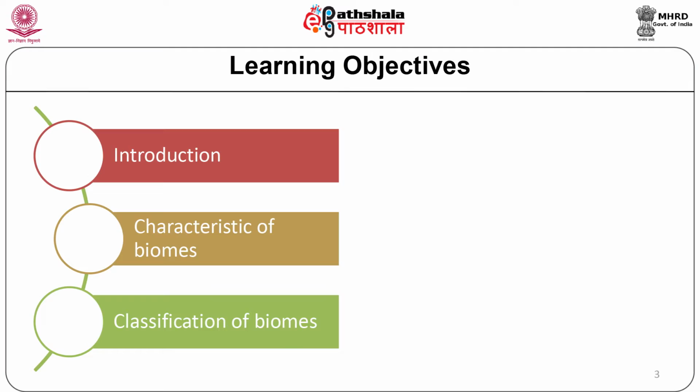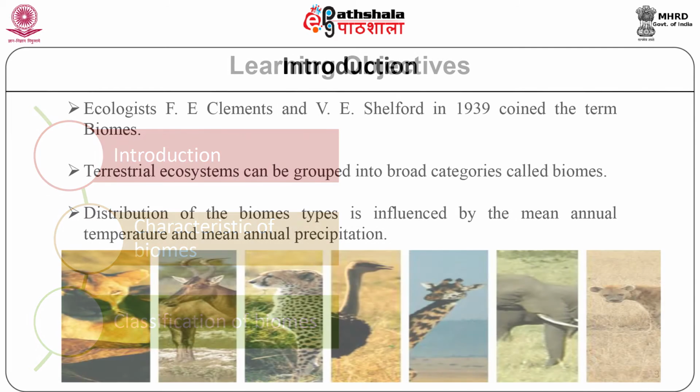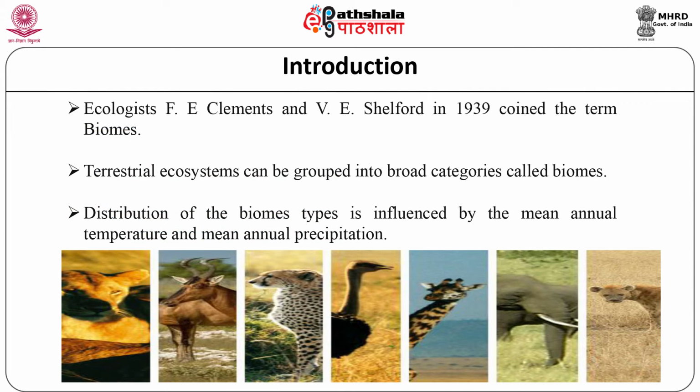In this module, we are going to talk about the 8 biomes of the world, their characteristics and classification. The distribution of biome types is influenced by the mean annual temperature and mean annual precipitation.